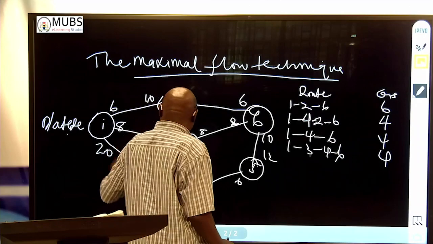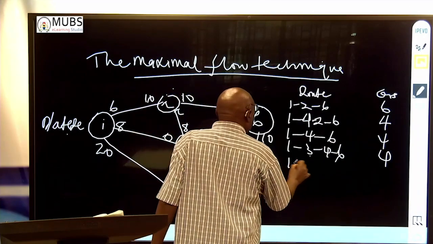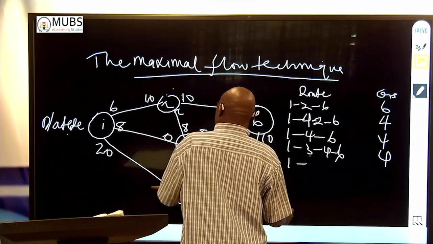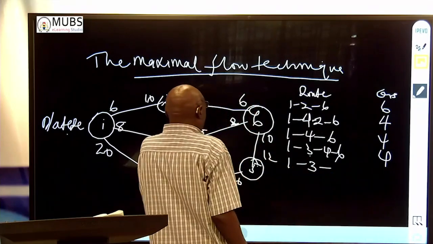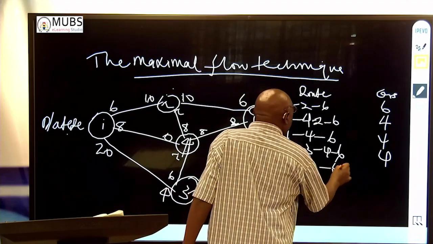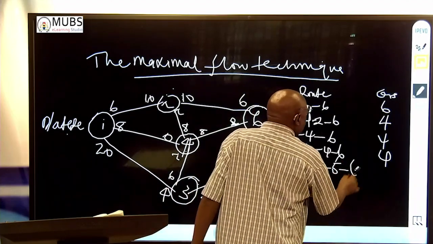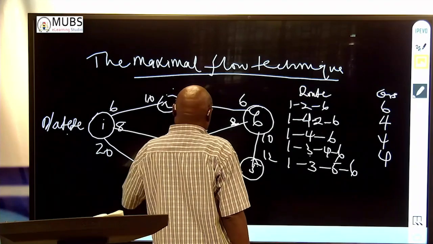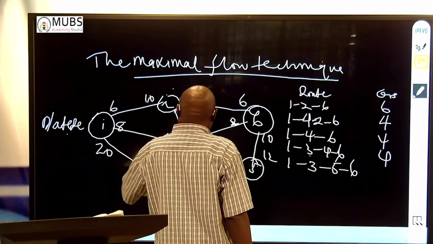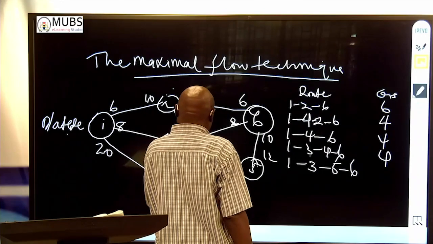So we can have 1 to 3 to 5, then to 6. These were 20, and this one we can only allow 2.